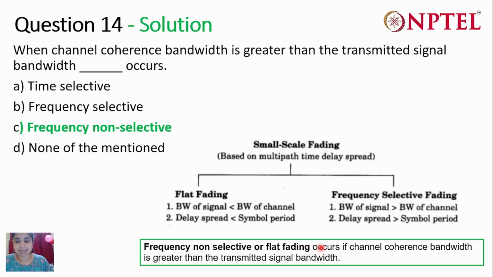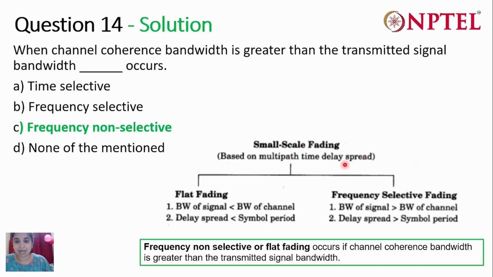Flat fading means the channel's coherence bandwidth is greater than the transmitted signal bandwidth. That is, the channel's attenuation, or how much it will affect the signal, will be almost equal in all the frequencies.